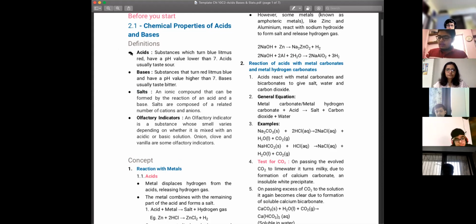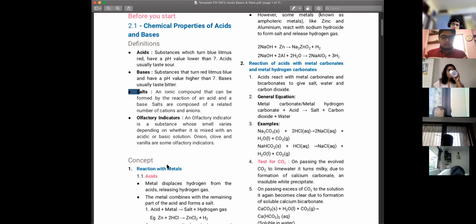So note down what are acids, what are bases, what are salts, and then we'll go on to reaction with metals. Ma'am, should we note down the 4th point also, or that indicator? Not right now. When we get to the indicators part of it, then you can note it.